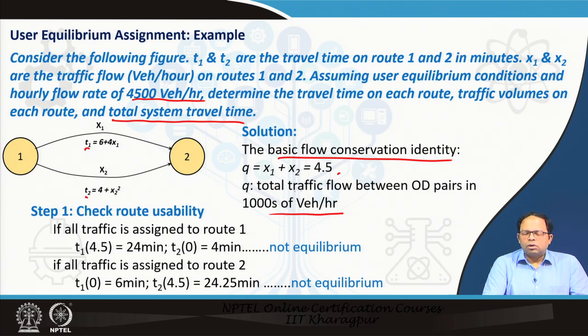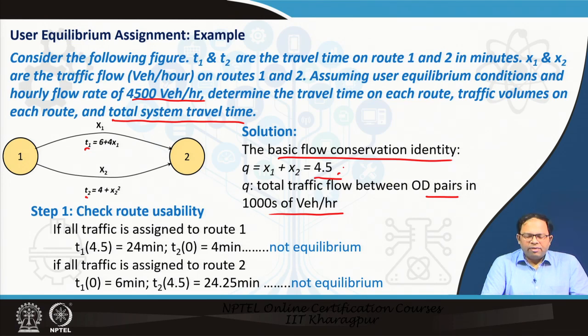So, Q is the total traffic volume between the OD pair 1 and 2, and x1 and x2 are the two routes. So, overall between these two routes, the total flow would be 4.5. So, this is final.